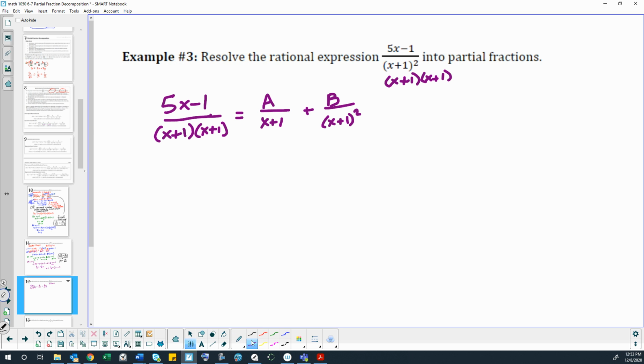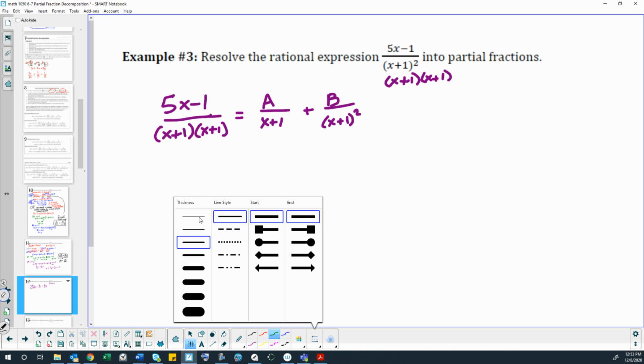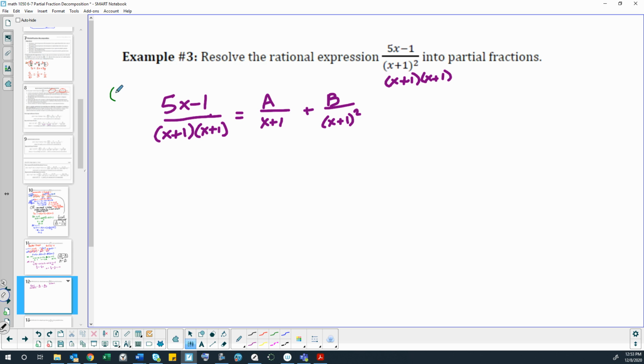All right, let's go ahead and use our same method, although this one's not going to work quite as well, but we still have to do the least common denominator method regardless of what other method we can use. So we're going to multiply by our LCD over 1, x plus 1 times x plus 1. Those cancel out.